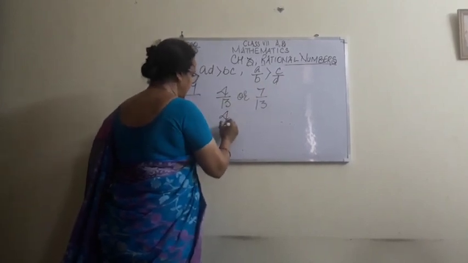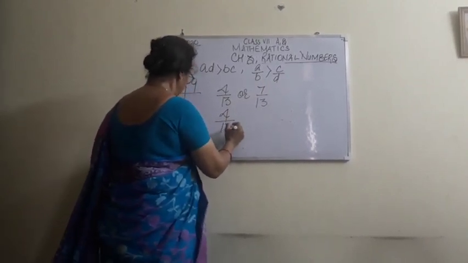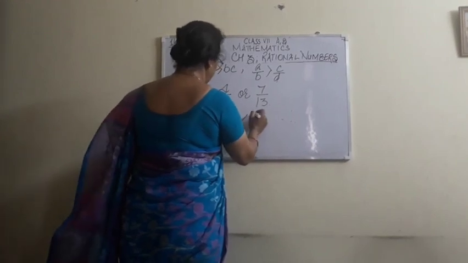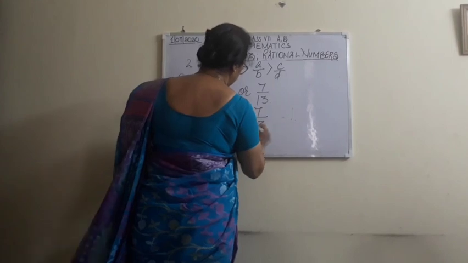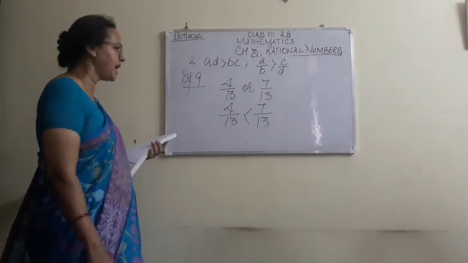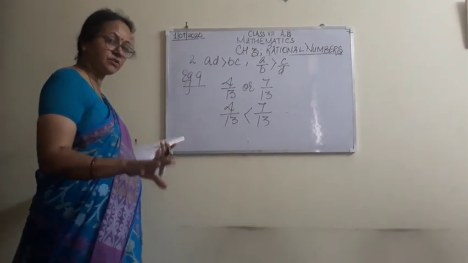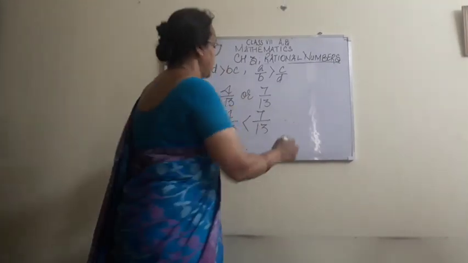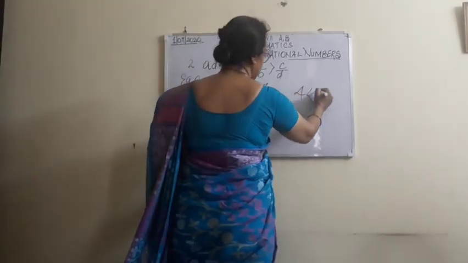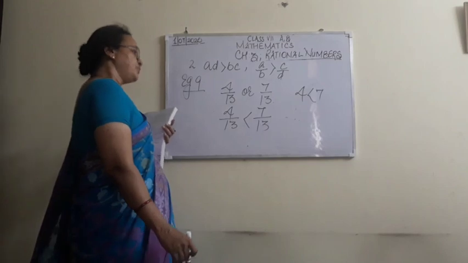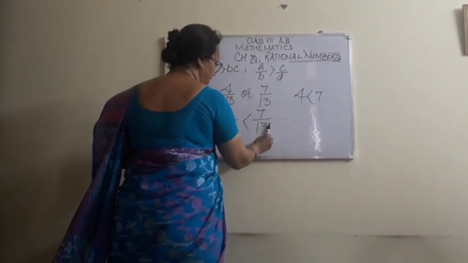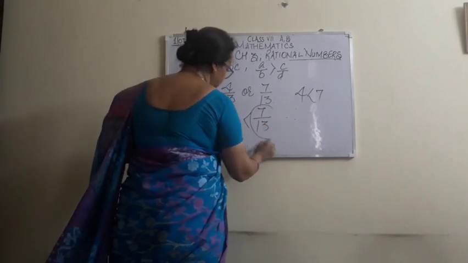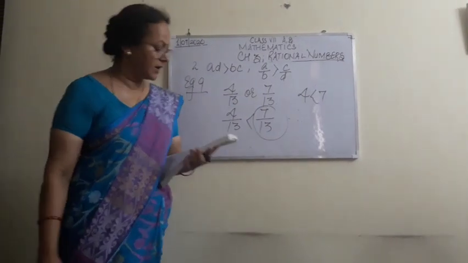So which one is greater? 7 by 13 is greater than 4 by 13. As 4 is less than 7, that's why 4 upon 13 is less than 7 upon 13. 7 upon 13 is greater.